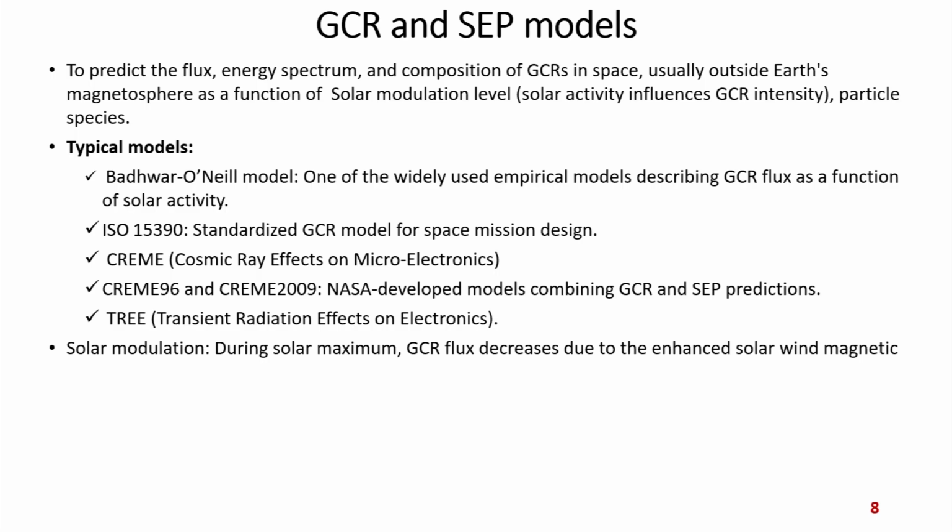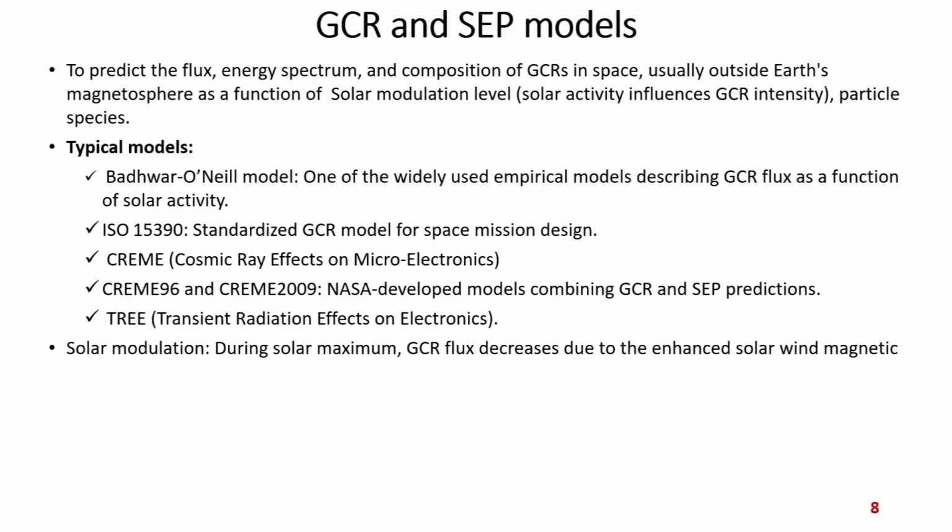Whenever there is solar activity, there is the interplanetary magnetic field, and that field works like a shield. So during solar maximum the GCR effects will be minimum, because they are shielded by the interplanetary magnetic field. That is why it is called solar modulation.